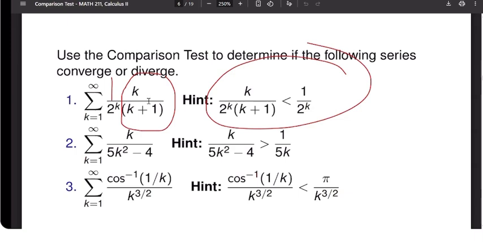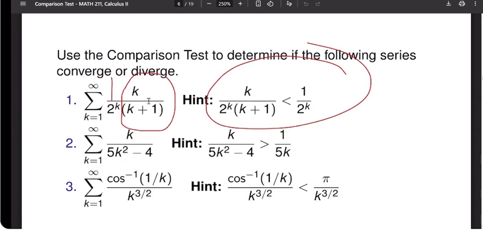And how do I know? Because k over k plus 1 is a fraction. It's not going to be up to 1. The only case where it would be equal is if I take a look at k equal to 1: I'm actually going to have 1 over 2.